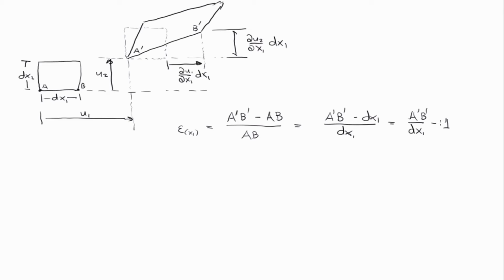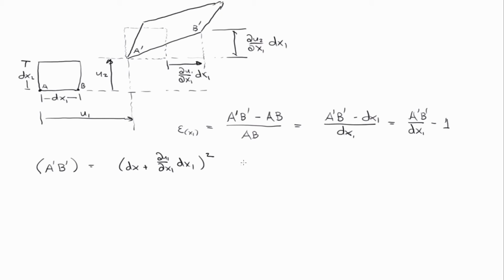So the line segment A prime B prime is equal to the square root of the sum of the squares of the components, right? In the x1 direction, the component is dx1 plus du1/dx1 dx1.